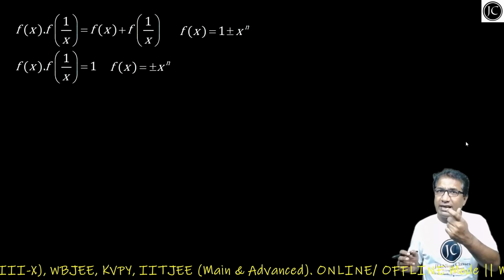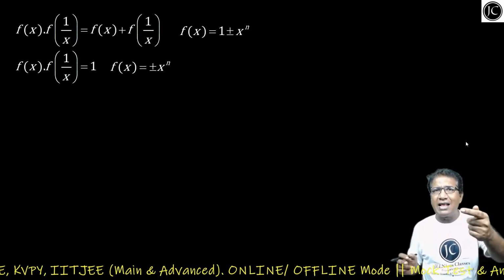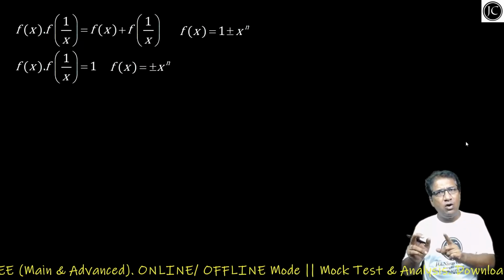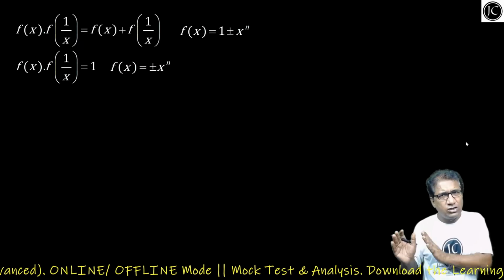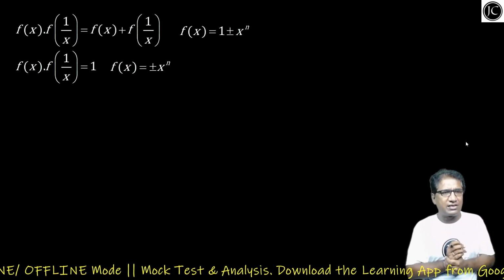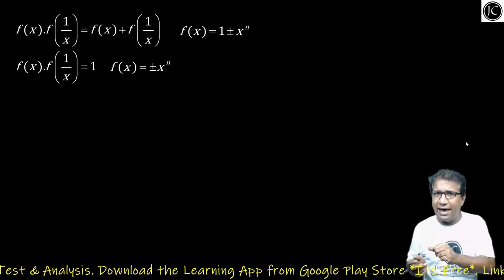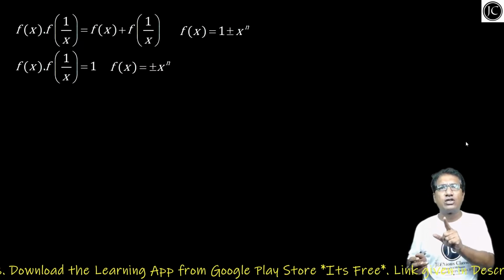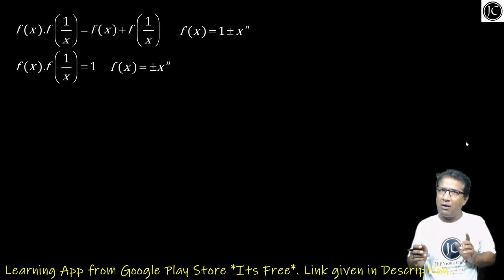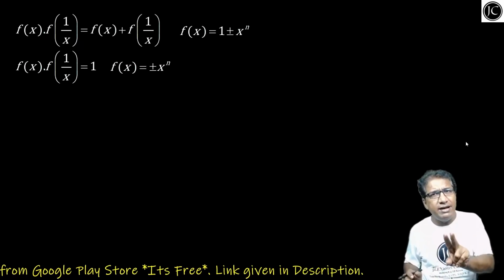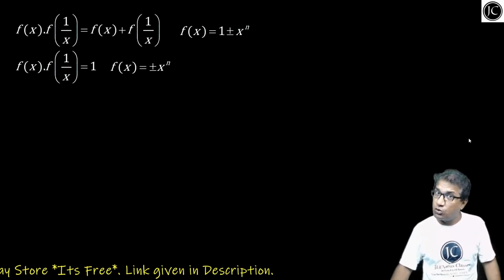And according to the given condition, whether it will be plus or minus here, we determined that. This I have done in my previous class. And f(x) into f(1/x), if it is 1, then f(x) equals plus or minus x to the power n. These two standard functional equations we have already done.